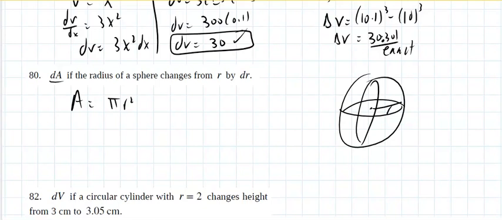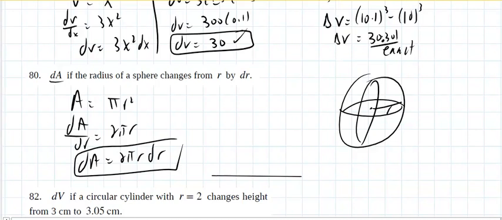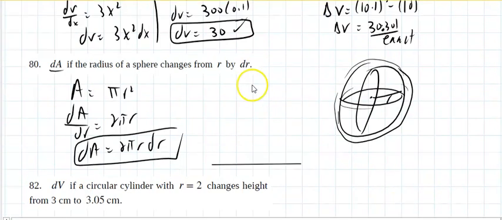So an approximate change, dA/dr is 2 pi r, and dA will be 2 pi r dr. There it is. Tell me what the radius is. Tell me what you changed in the radius, and I could tell you if you want to paint that or coat it or put something around it, how much material you need to buy.